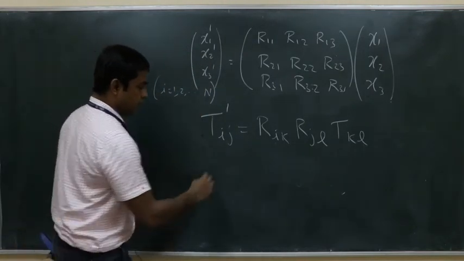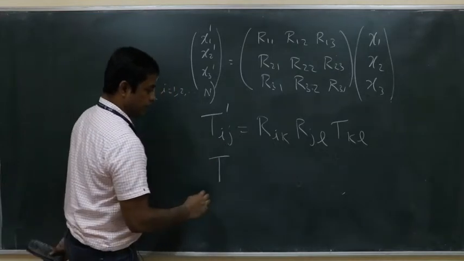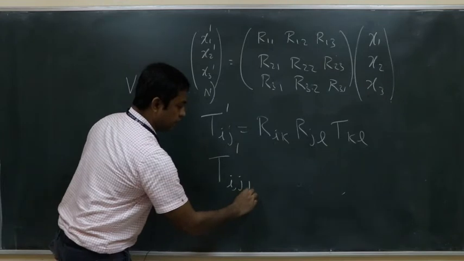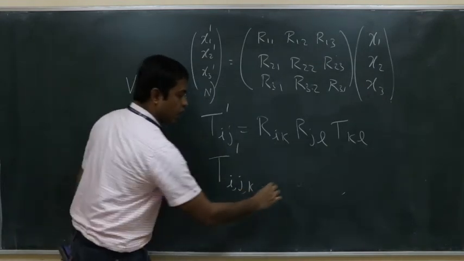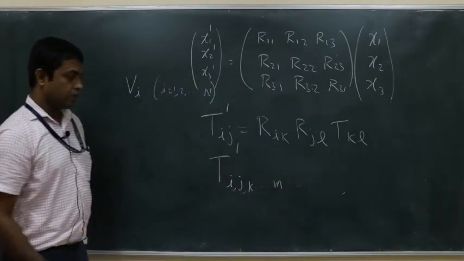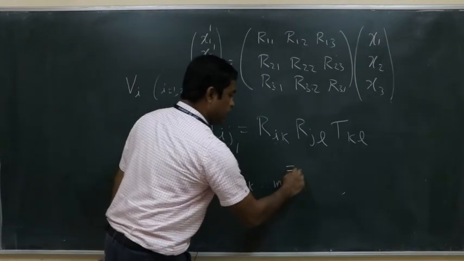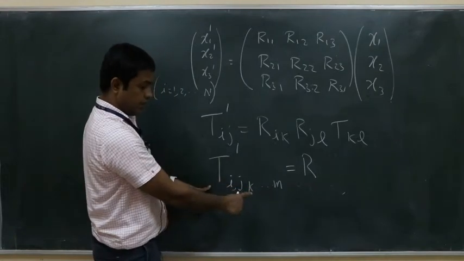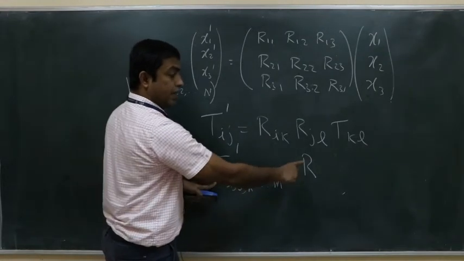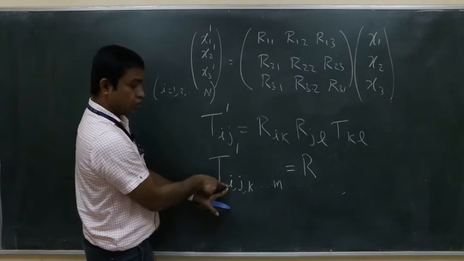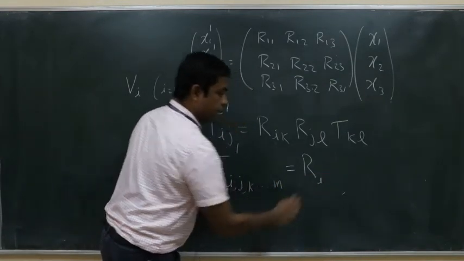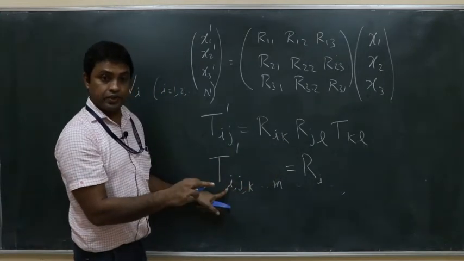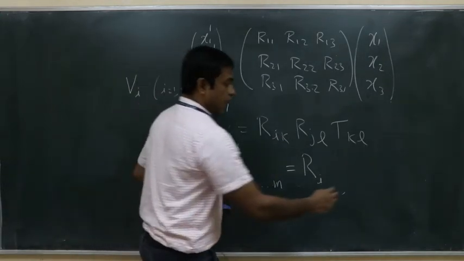I can have any order, T prime i, j, k, whatever, up to N. First you write R; depending on how many indices there are, that many R's should be there. First you take the first index and put that in. Then you write a dummy index.